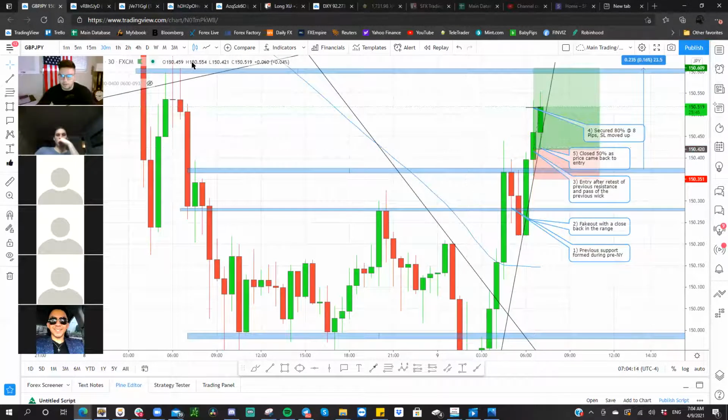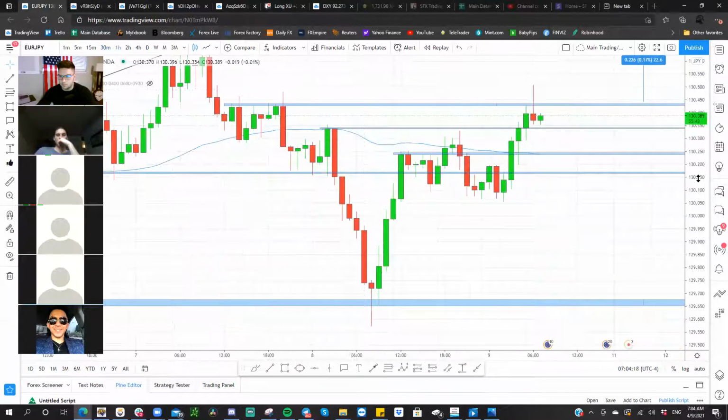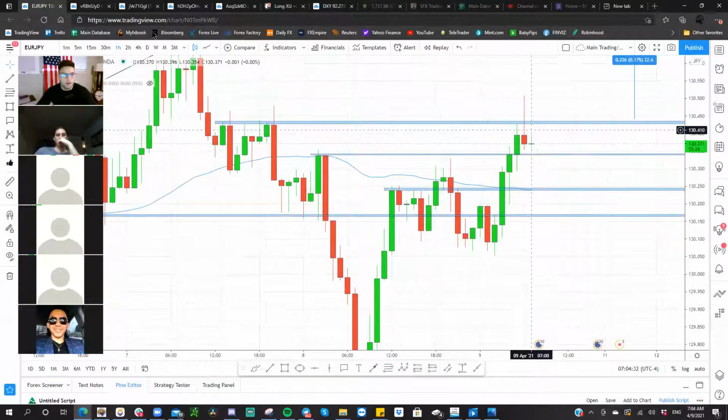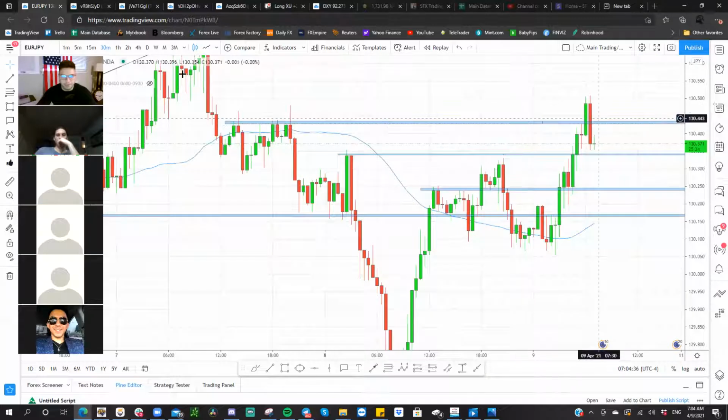Let's take a look at EJ real quick. You're saying foreman support over here, Gary? Rejection of 130. Oh, you think we're coming down? Yeah. What I was looking at was this fake out right over here.